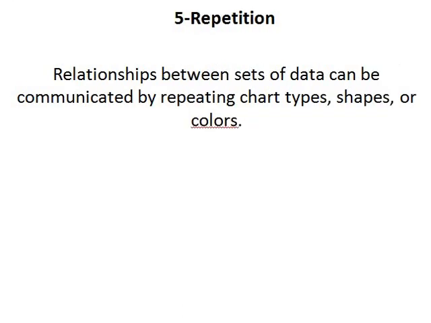The next is repetition. Relationships between sets of data can be communicated by repetition. Chart types, shapes or colors can be repeated to explain the relationship between data.